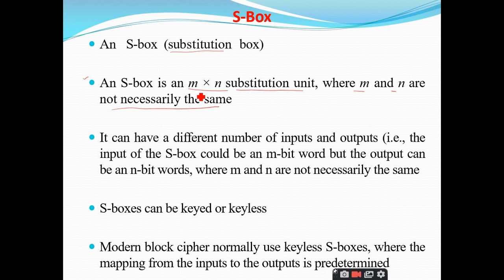There are two cases here also: one case is both the inputs and outputs are equal, and the second case is the input is not equal to the output. Is it clear?